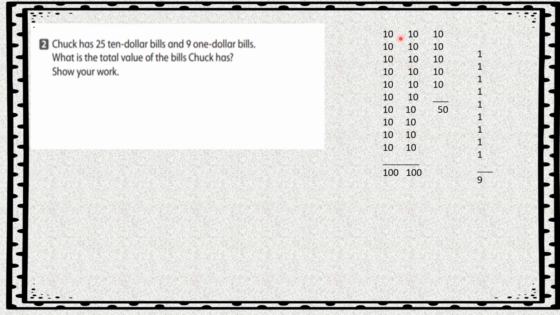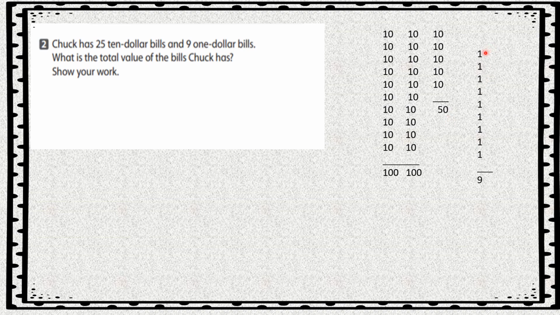So 25 $10 bills. I took the number 10 and I wrote it 25 times. Here is 10 tens, and that's 100. Here's 10 more tens, 10, 20, that's 200. Then I needed 5 more tens, that's 50.